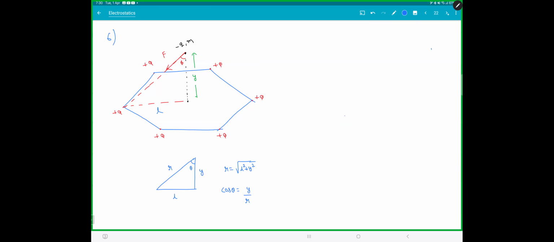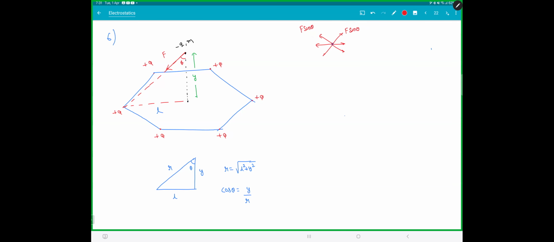Perfect. Now you can clearly see here, if you look at this charge, you can divide the force into components. You will get F cos theta, F cos theta, and so on, like this you get 6 of them. In the horizontal plane, you will get 6 F sin thetas in the plane.